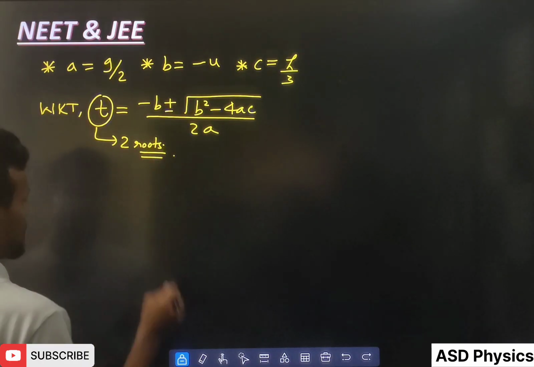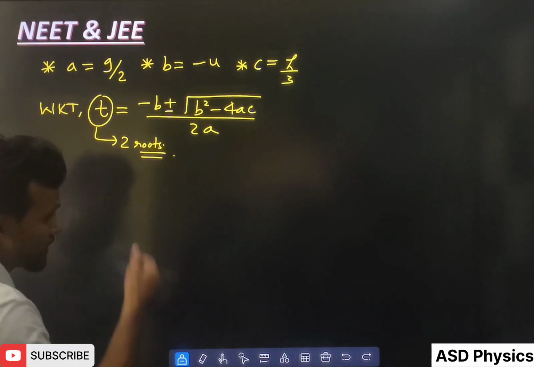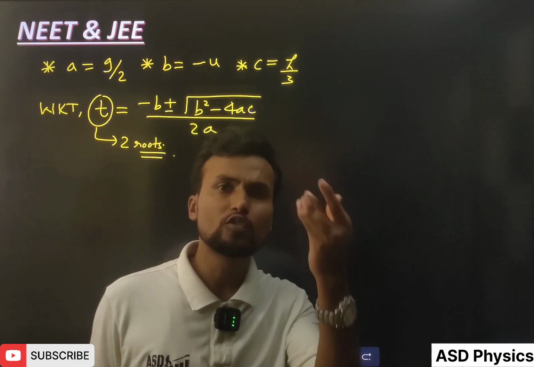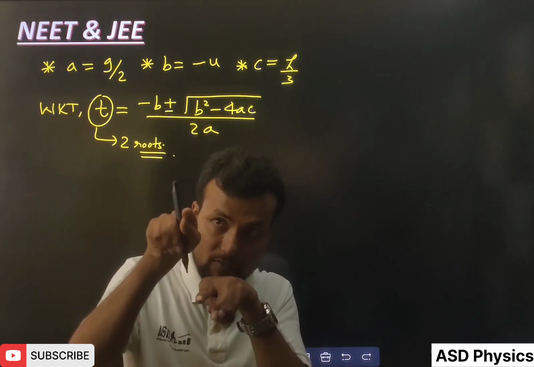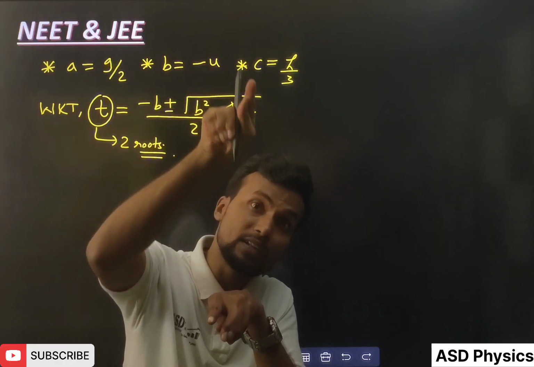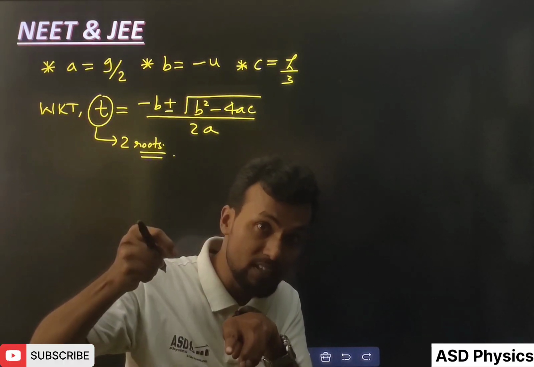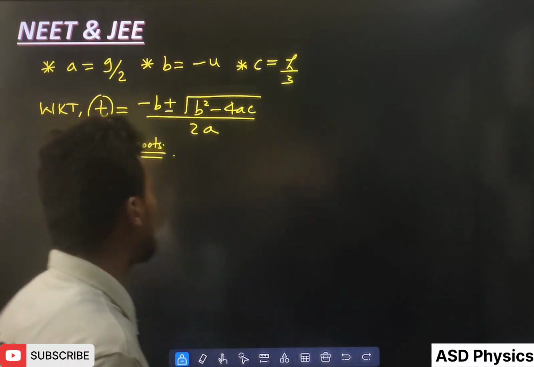Now they are asking about while going up and coming down. While going up, time t1 will be less, when it started from here, went to h by 3, and again went completely up and then came down. So t1 is less and t2 is more.